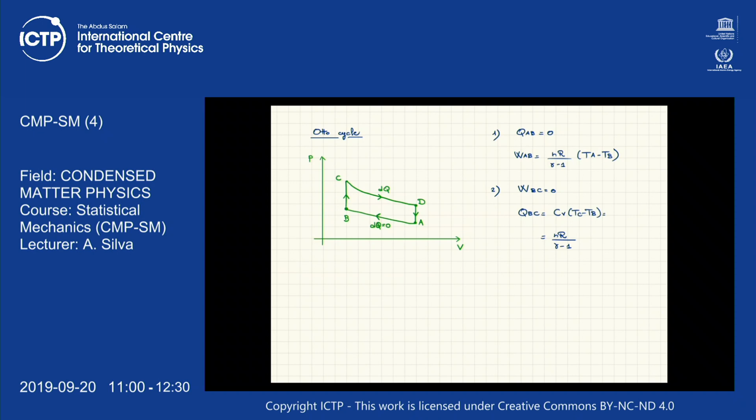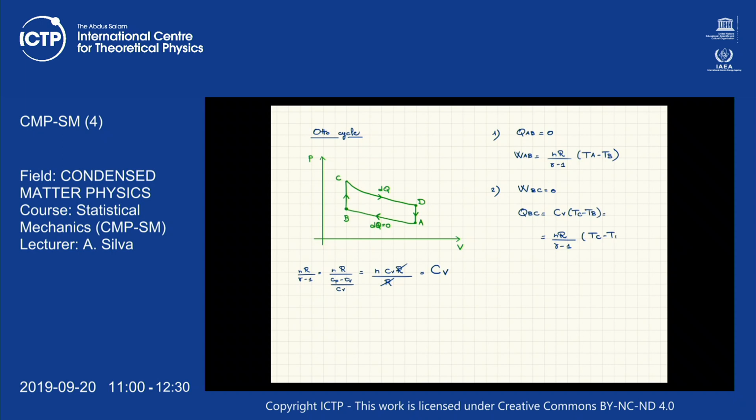You can easily convince yourself, let us do the little calculation here, that N times R divided by gamma minus 1 is equal to N times R divided by (CP minus CV) divided by CV, but CP minus CV is equal to R, right? So it's N times CV times R divided by R, and this is CV. Okay, so it's just a way to rewrite the specific heat of the ideal gas. So the heat capacity of the ideal gas.